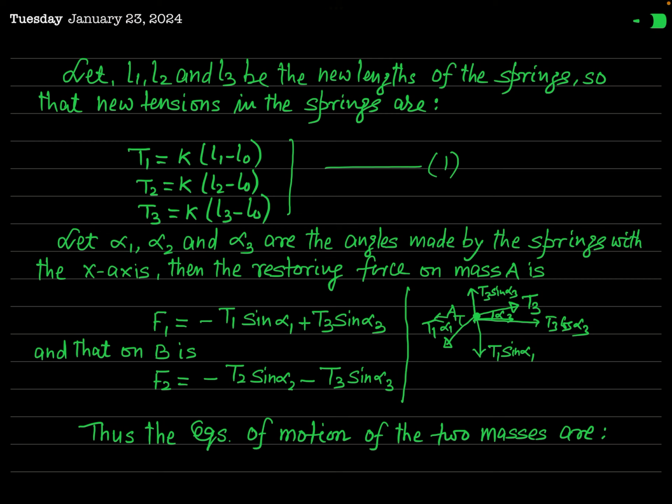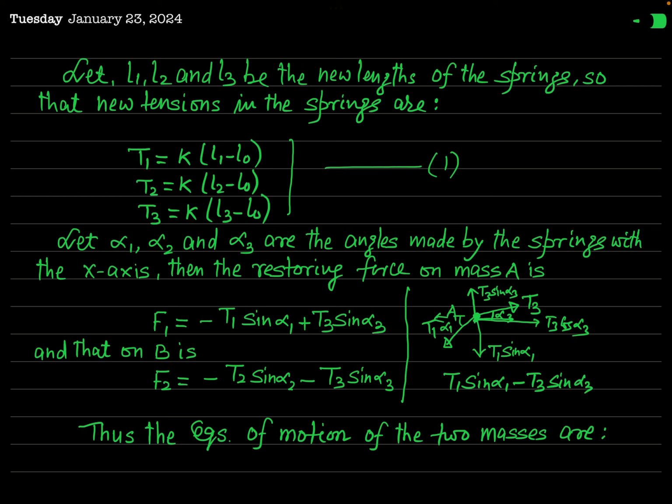And if your aim is now to find the net force acting on this in downward direction, you can see, as the restoring force is always written with negative sign, because it tends to decrease the displacement, it opposes the acceleration, the net force acting in this downward direction will be T1 sine alpha 1 minus T3 sine alpha 3.